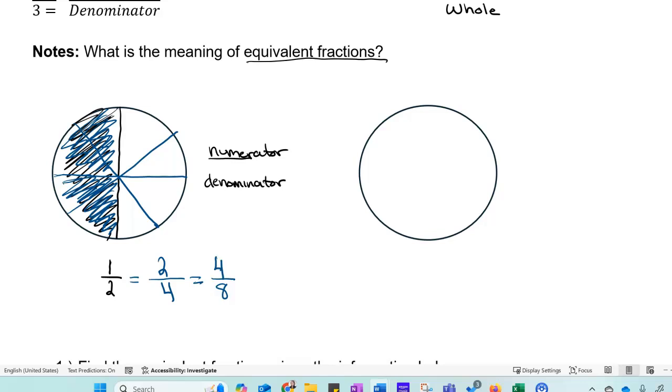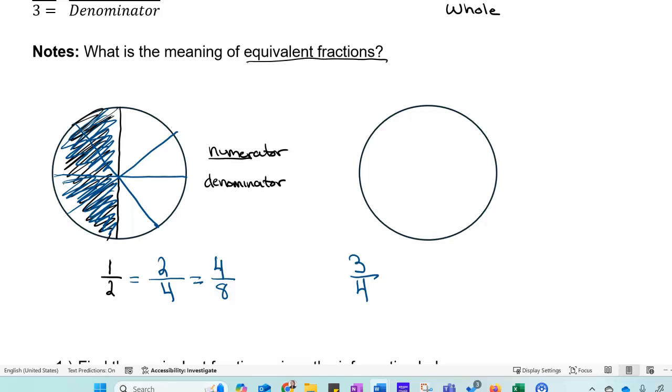Okay, so now I am going to challenge you to pause the video and create a picture in the other pie that represents, let's say, 3/4. Okay, so I want you to figure out how many total pieces and then what part of that.